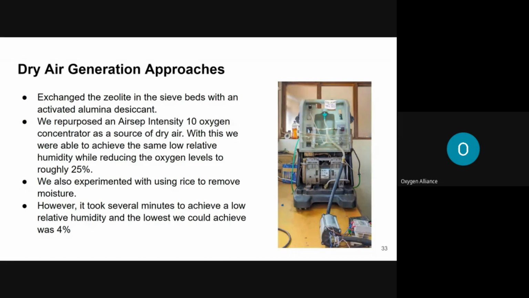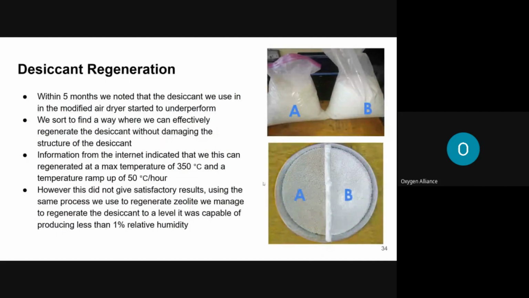Moving on. So we then came across the desiccant, and we used the desiccant. As I explained, we were able to achieve -1%. But then we observed that after 5 months, the desiccant would begin to underperform. This was because it had accumulated a lot of moisture.